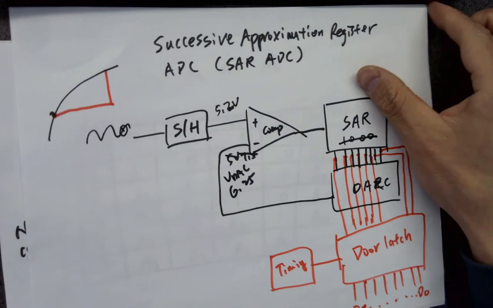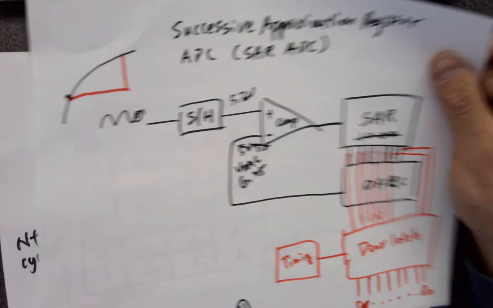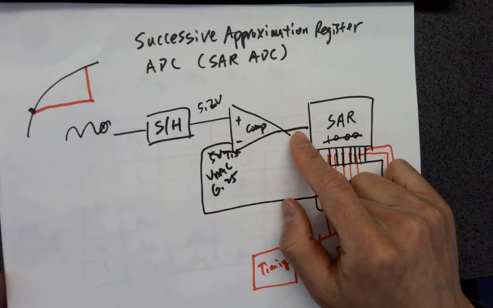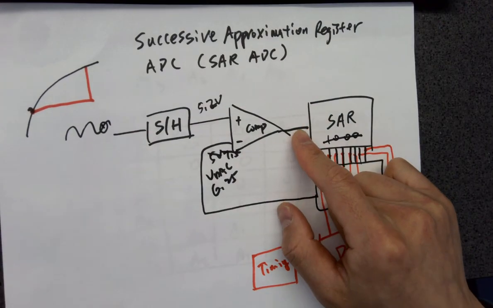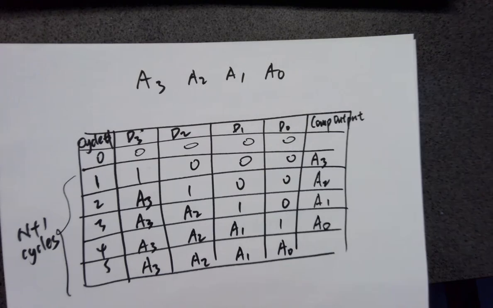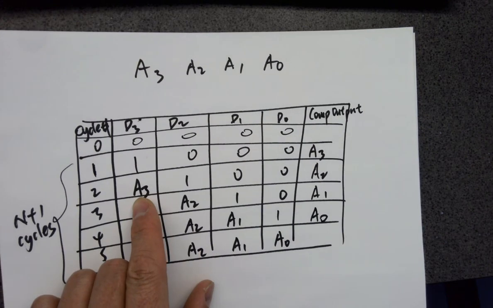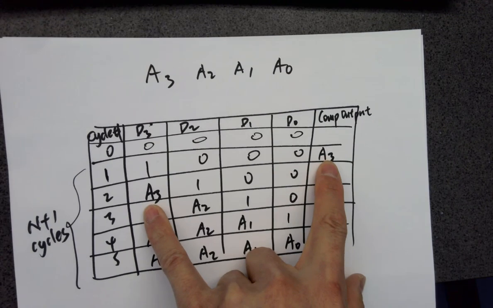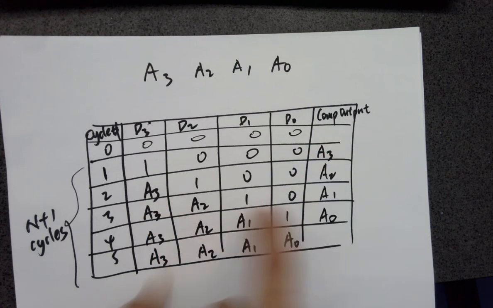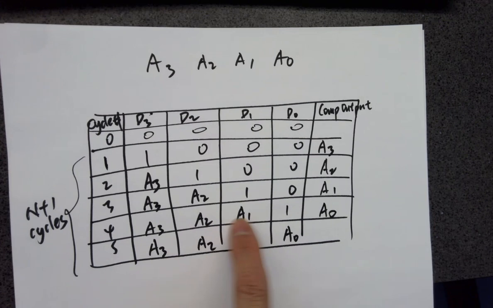Whatever the comparator output is, if it's a 1, you are putting a 1 in here. If it's a 0, you are putting a 0 in here. That's why these are aligned: A3 is A3, A2 is A2, A1 is A1, A0 is A0.